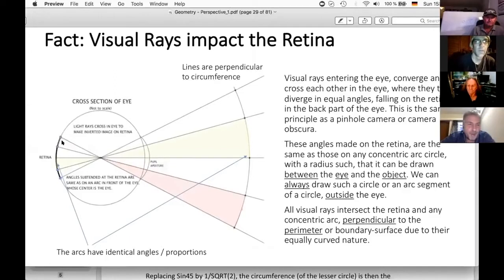But these angles here, so this pink angle to the green angle, the proportion of that pink to that green is the same as the proportion of that green to that pink. Nothing is changed. Would you agree with that? Yeah, absolutely. And that these arc segment lengths, because of what I said beforehand, this planar angle and the solid angle from the center of a sphere can be measured by the arc length of a great circle.